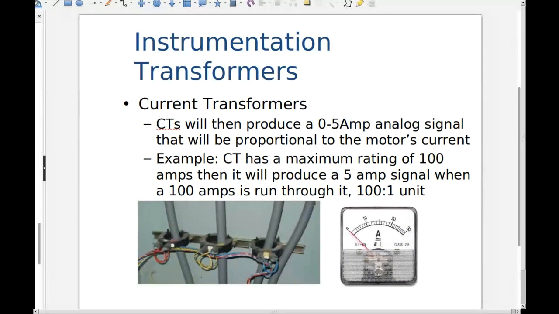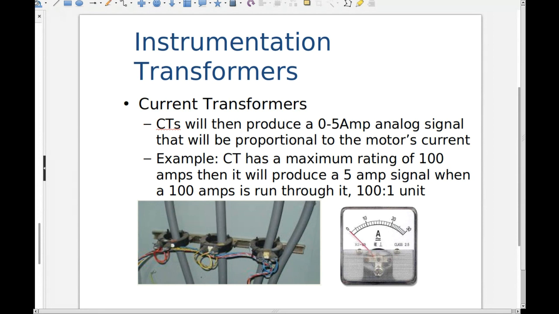Number one, most ammeters and things only read milliamps or maybe up to 5 amps. So if you had a motor that was requiring 100 amps through it, you wouldn't want to put that through a meter because, for one thing, if you connected it in series like we did in class, it may have 10 ohms of resistance in it, which, for what we did in class running milliamps through it, was no big deal.